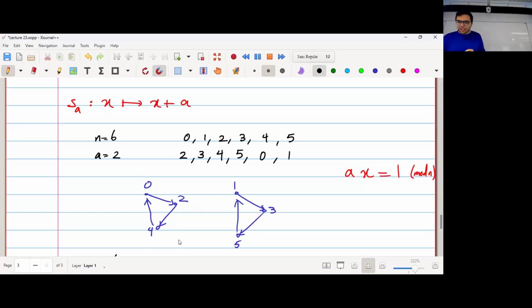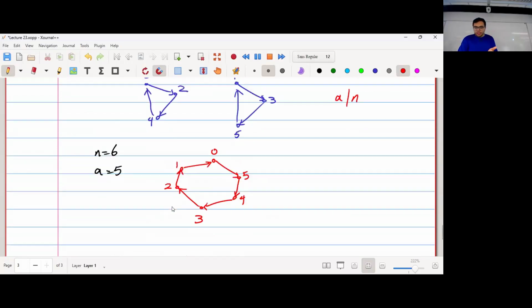Because I want to get the n over a, suppose that a is a divisor of n. If a is a divisor of n, then the size of each cycle would be n over a, and I will have exactly a cycles. So in this case, 2 was a divisor of 6. So the size of every cycle is 6 over 2, which is 3, and I have exactly 2 cycles. But not in this case, right?